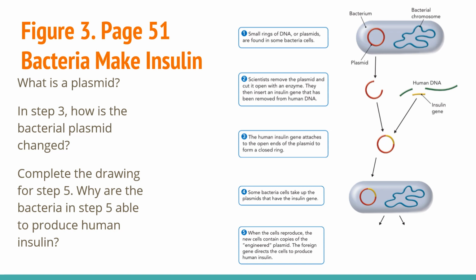We then reinsert that back into the bacteria, and then the bacterium is going to reproduce. When it reproduces, it's going to create 2 identical daughter cells, and they're all going to look exactly the same because of mitosis.